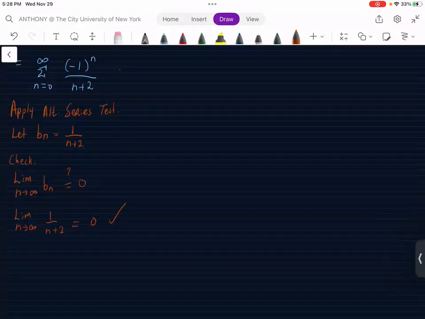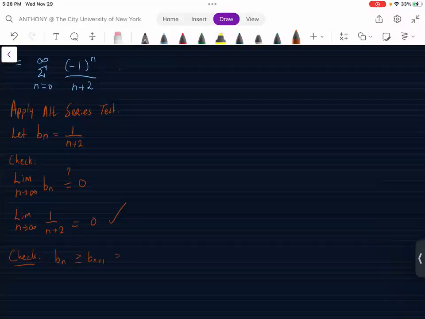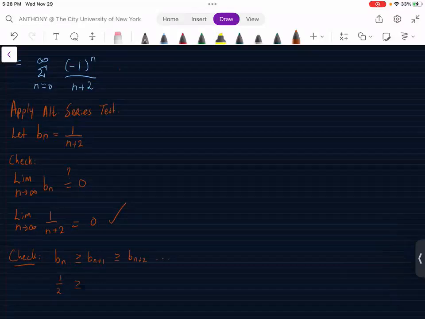That means bn is greater than or equal to bn plus 1, the next term, and any terms that come after. Starting with n equals 0, the first term would have been 1/2. The next term, when n is equal to 1, is 1 over 1 plus 2, which is 1/3.